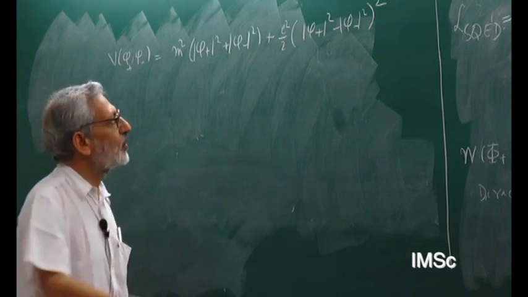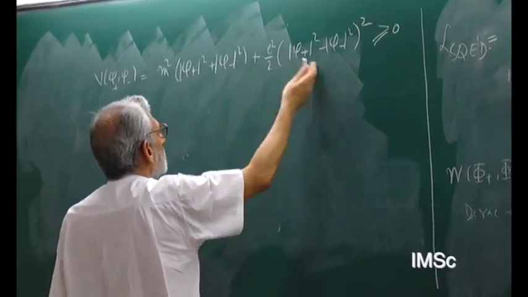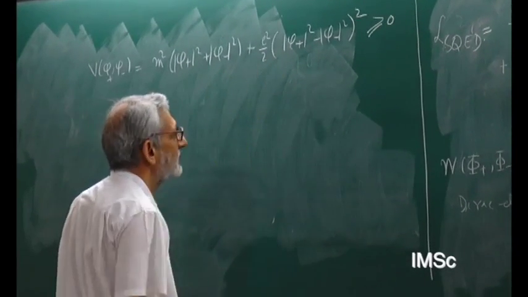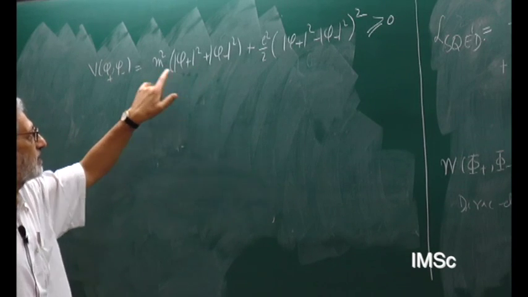And as expected, this is non-negative, a sum of positive quantities. This term tells us that phi plus and phi minus have mass m.